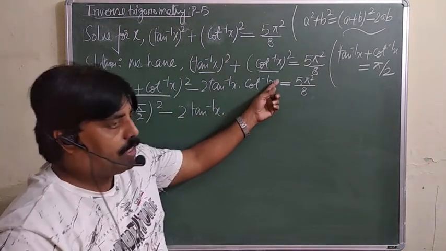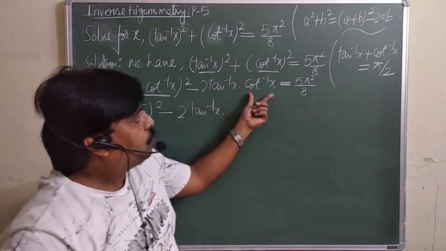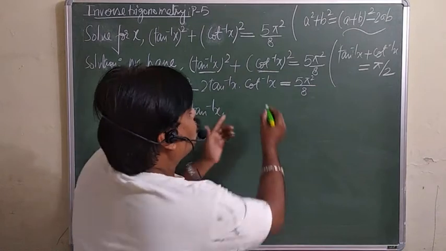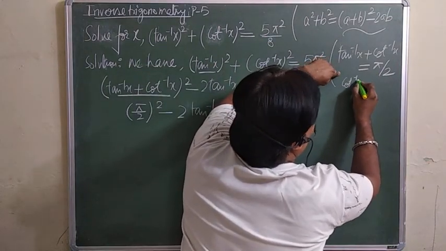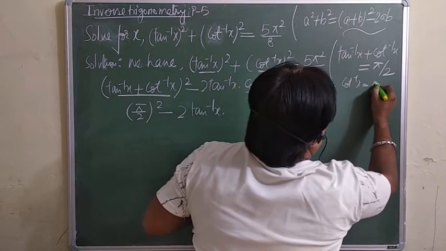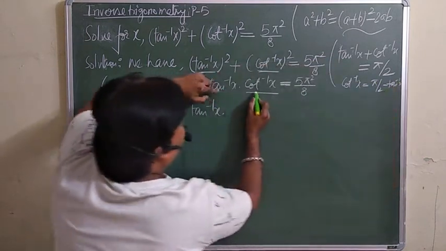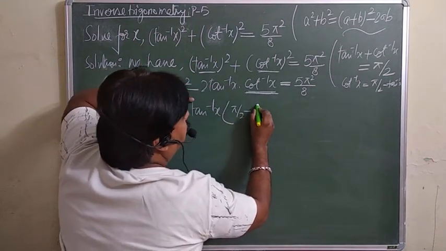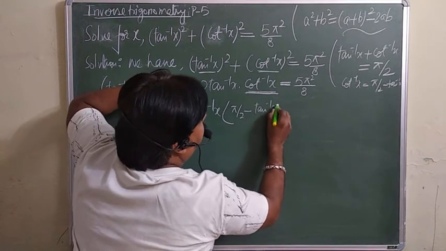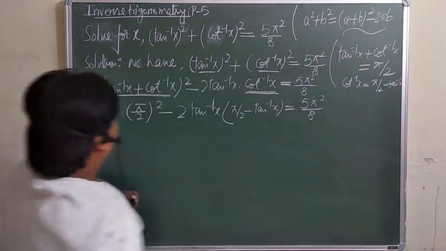Either you change the cot inverse x in terms of tan or the tan inverse x in terms of cot, it's up to you. So I am going to change the cot inverse x in terms of tan: pi by 2 minus tan inverse x. So in place of this you can write pi by 2 minus tan inverse x is equal to 5 pi square over 8.